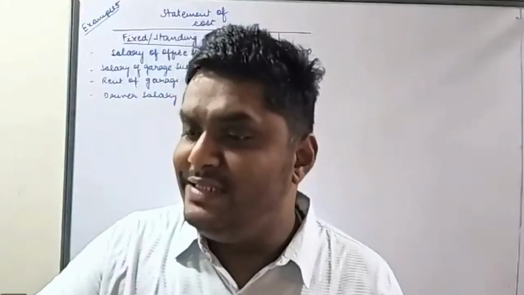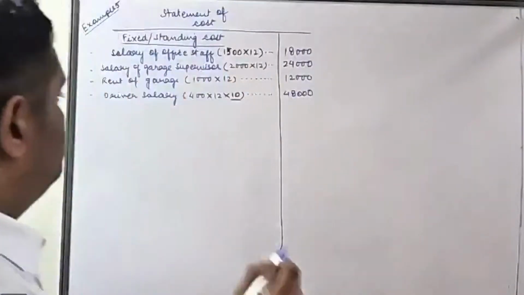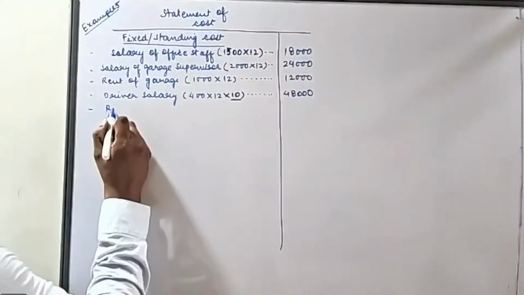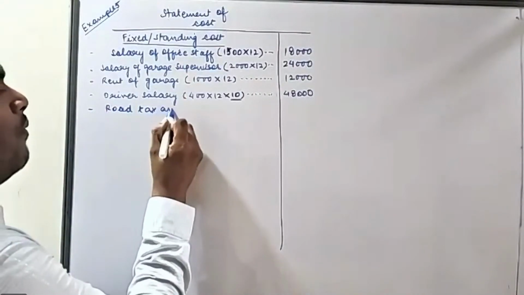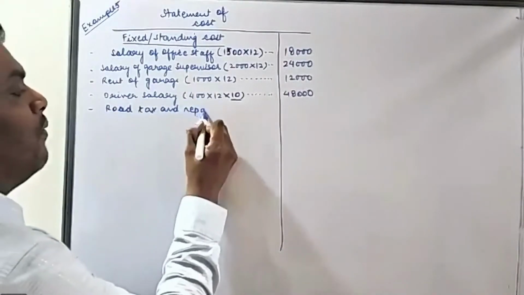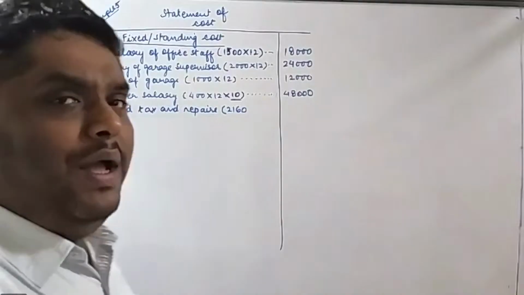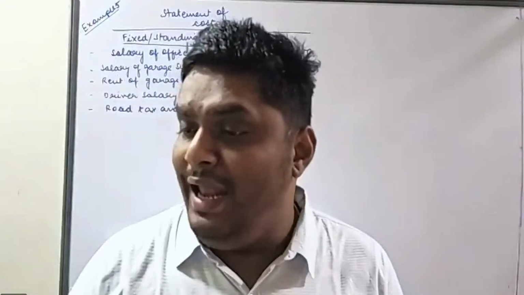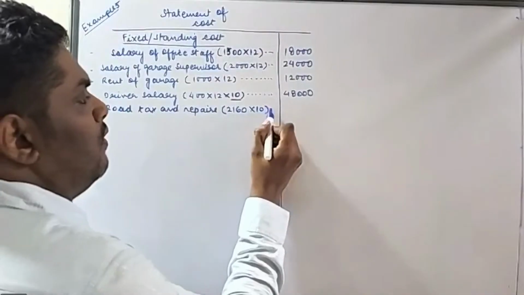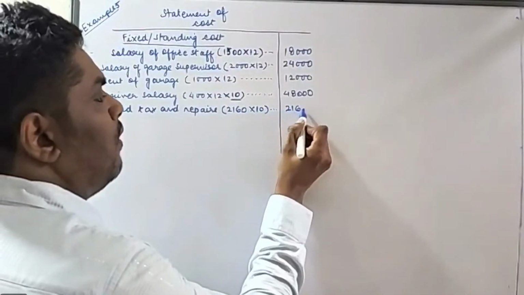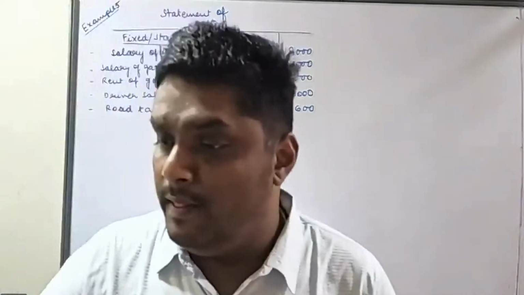For the road tax and repairs per taxi, it is 2160. See, 2160 is per annum. So we will multiply it by 10. So this will be 21,600.